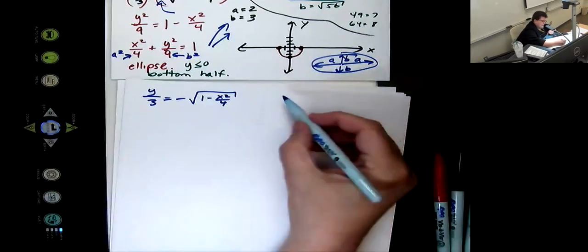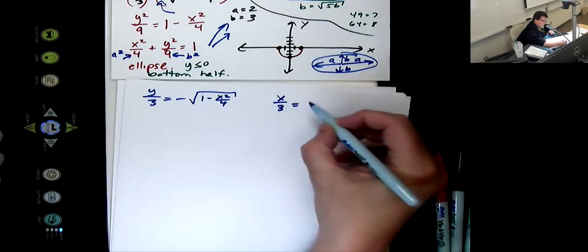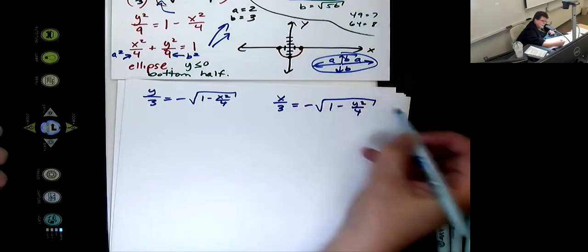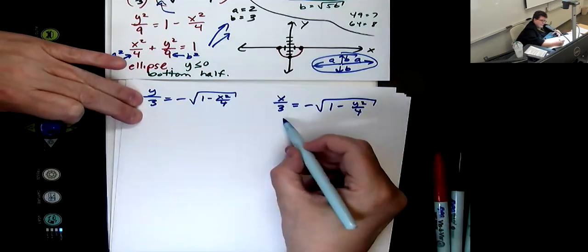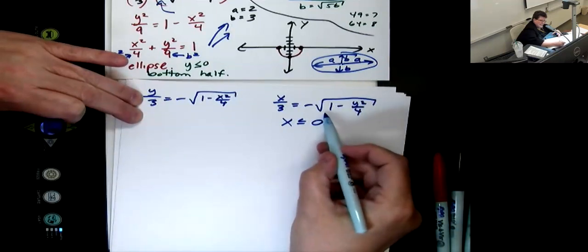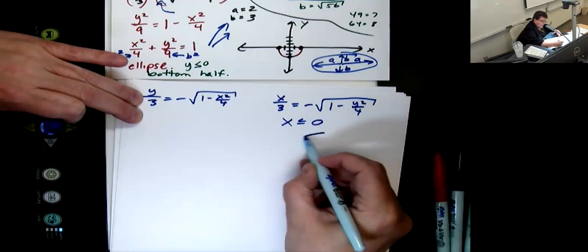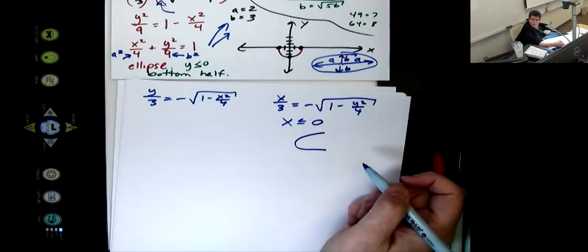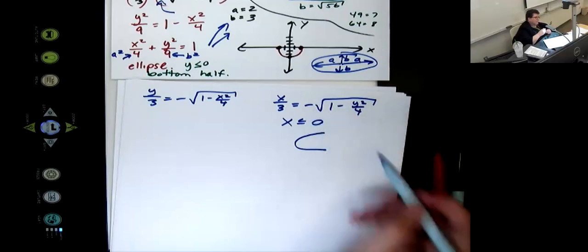Yeah, if you had something like x over 3 equals negative square root of 1 minus y squared over 4, now here x is negative. x has to be less than or equal to 0, because this is a positive number, but we got a negative. So you're looking at an ellipse that would only be the left half. And if it was positive, it would be the right half.